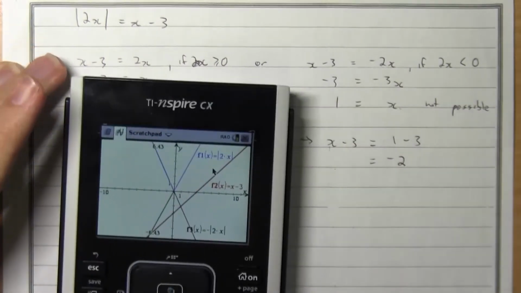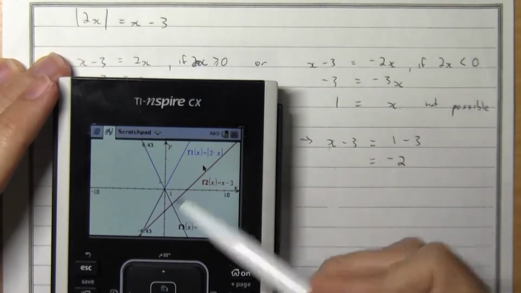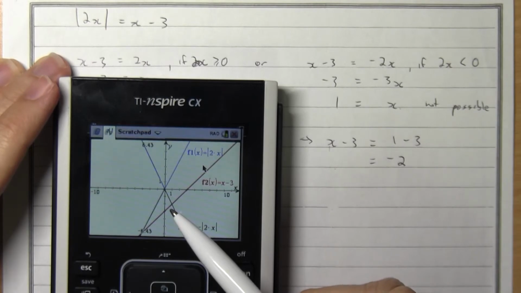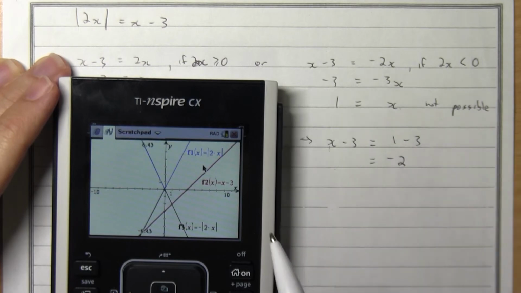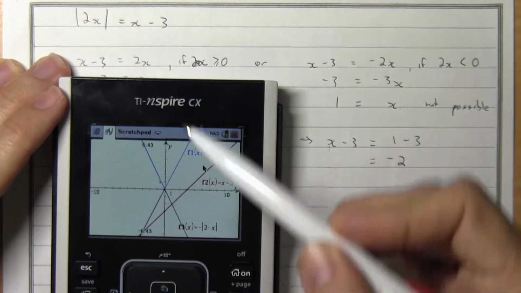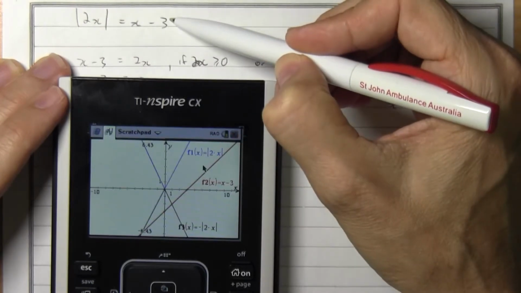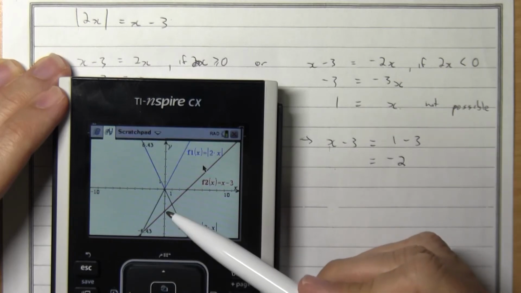And this line intersects this one here at 1, negative 2. So those two solutions are in some sense solutions to 2x equals x minus 3 and negative 2x equals x minus 3. That's where those points are.